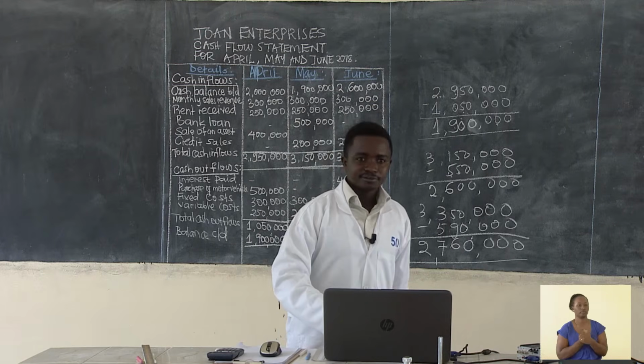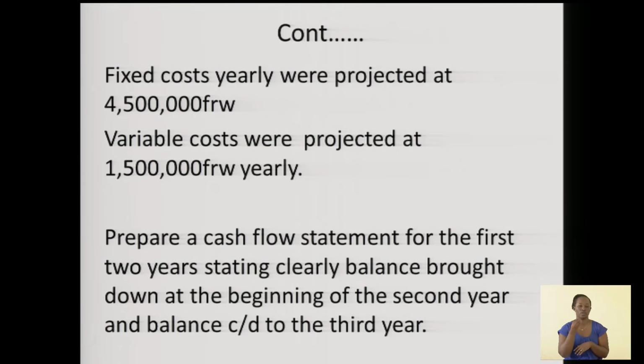Then we have that one. We can continue as we finish up our question. As we finish up the question, I want you in that question to prepare a cash flow statement for the first 2 years, stating clearly balance brought down at the beginning of the second year and balance carried down to the third year.